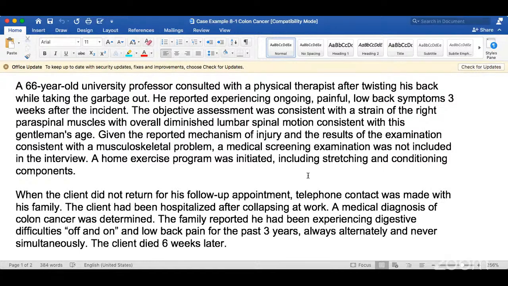Hello, and I'm saying the precise red flag here is the colon cancer, which was missed by physical therapy because they focused on the musculoskeletal aspect that has to do with the back pain.